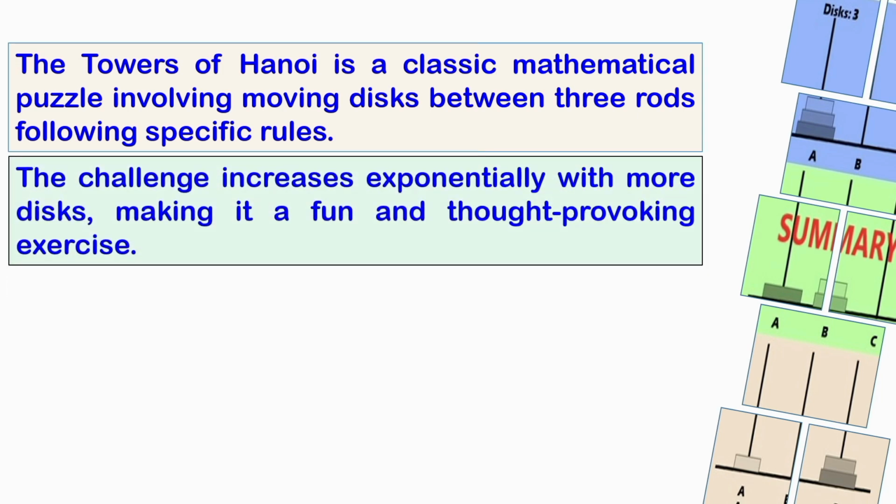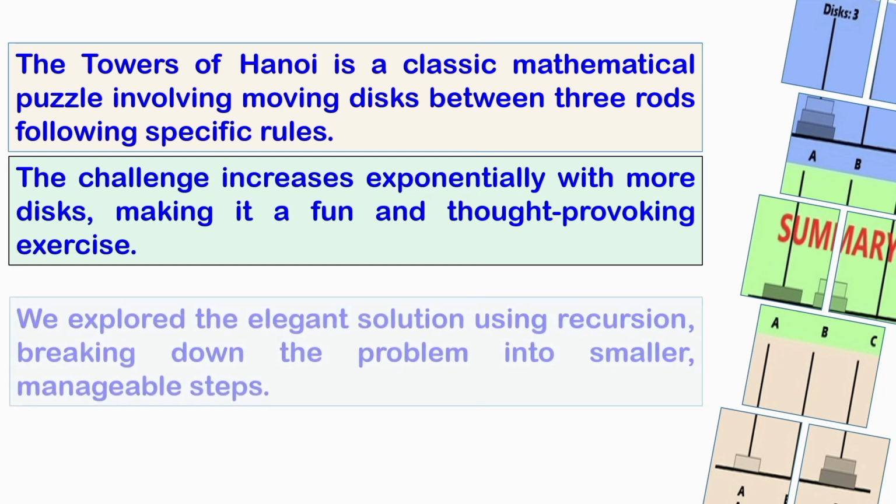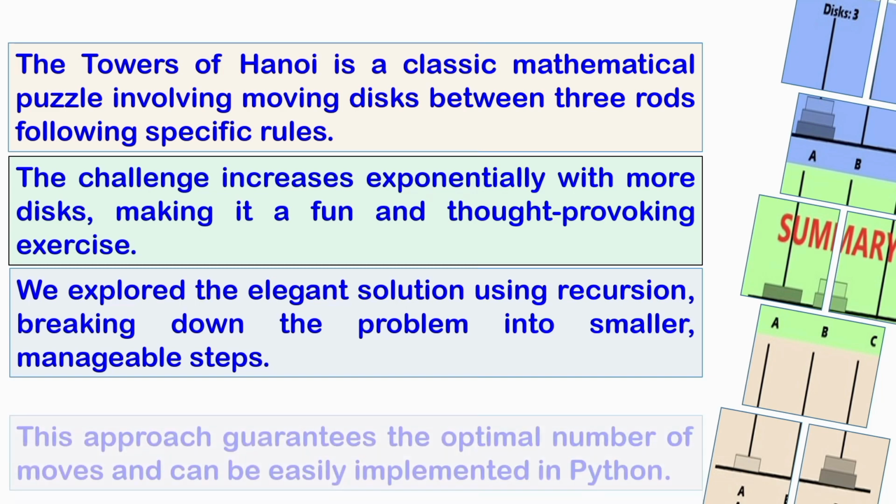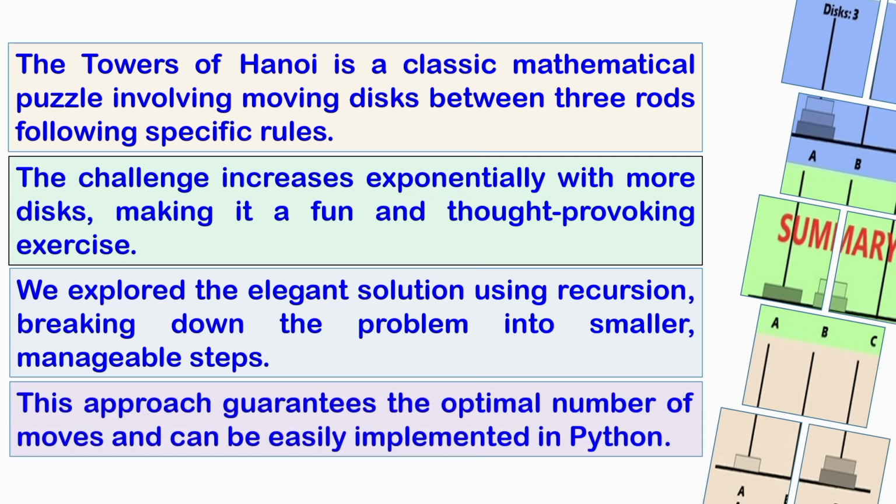The challenge increases exponentially with more disks, making it a fun and thought-provoking exercise. We explored the elegant solution using recursion, breaking down the problem into smaller, manageable steps. This approach guarantees the optimal number of moves and can be easily implemented in Python.